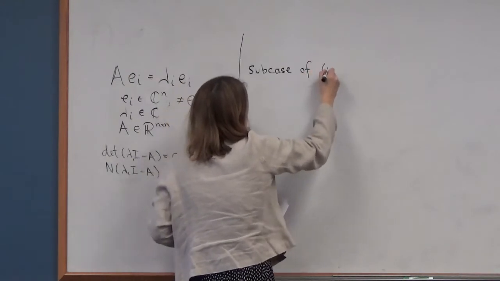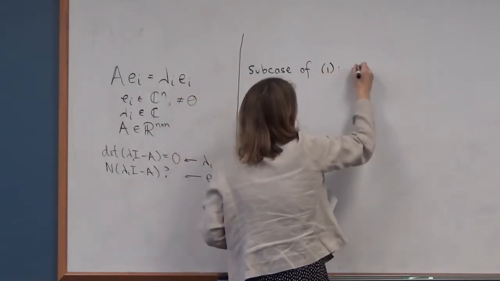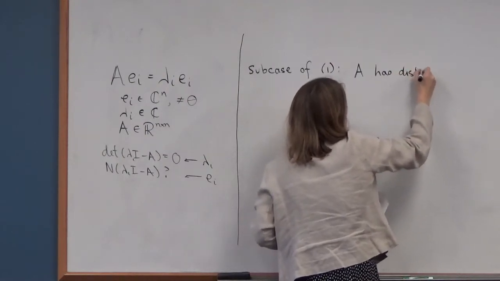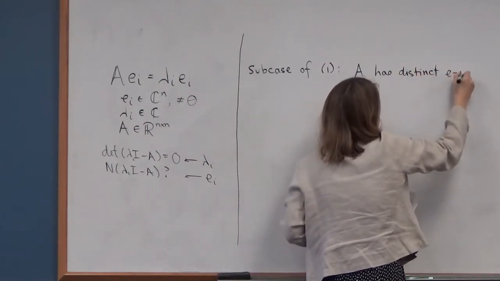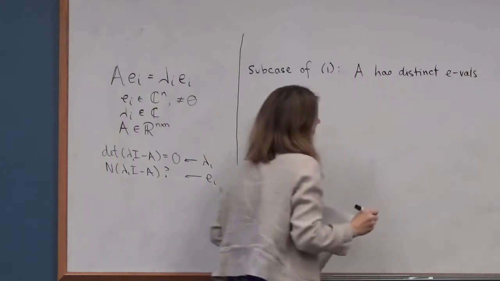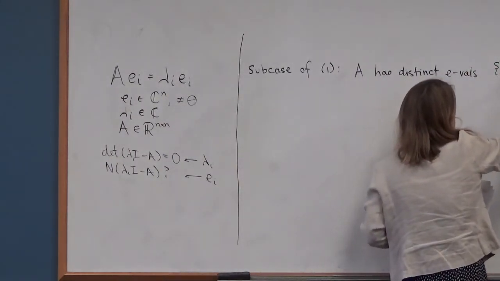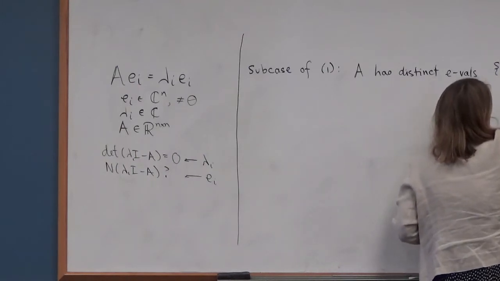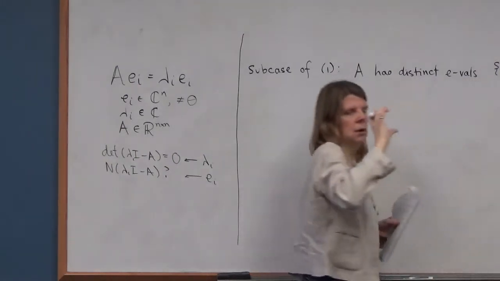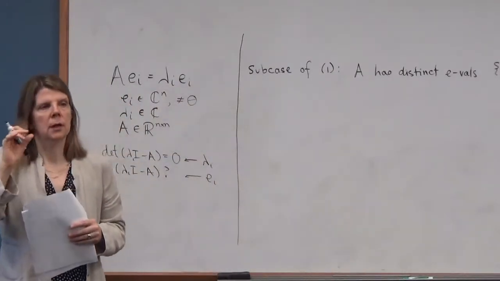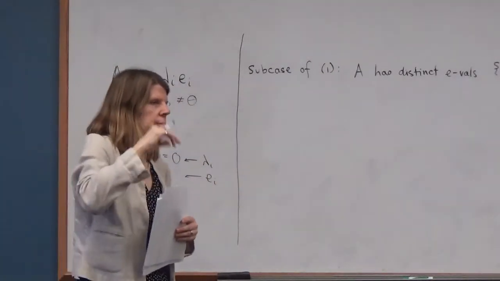You can still have complex eigenvalues, because a complex conjugate pair are two distinct eigenvalues: one is alpha plus j omega, one is alpha minus j omega.